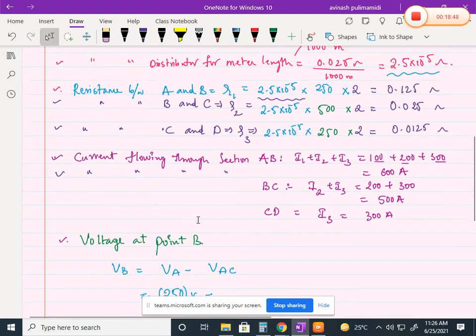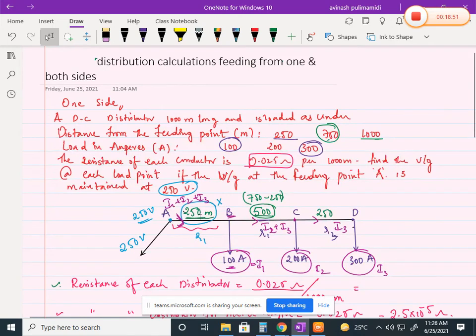How to find VAB? Apply Ohm's law. What is the total current flowing here? I1 plus I2 plus I3 into R1.